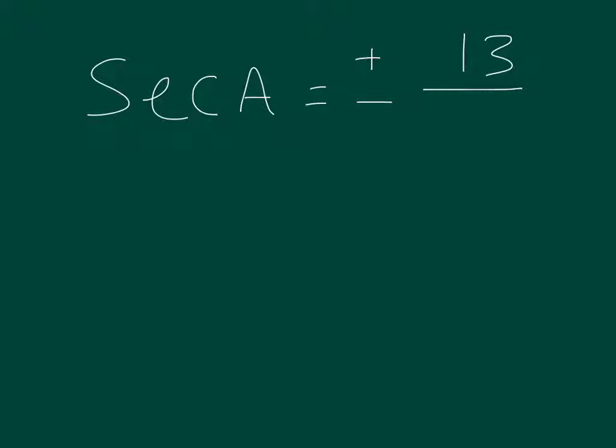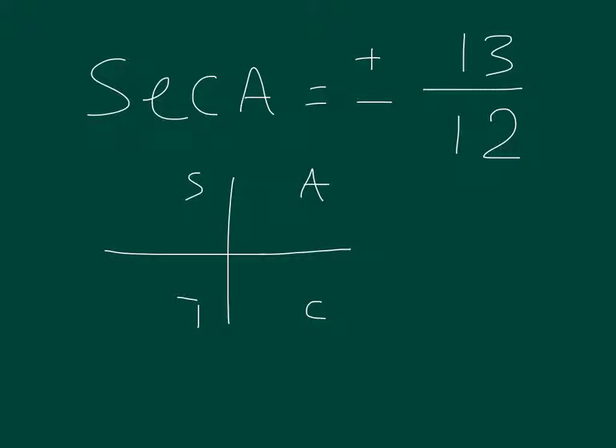We square root 169 over 144 and we get sec A is plus or minus 13 over 12. We'll put that into our cast diagram and we get two lines, one in the cos and one in the sine quarter. And because it's obtuse, sec A is minus 13 over 12.